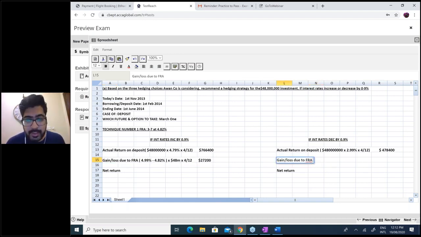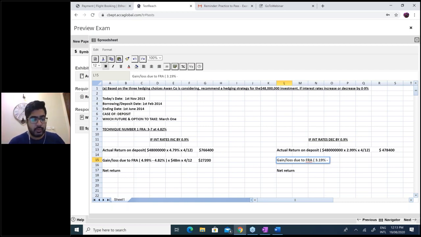If interest rates decreased by 0.9, gain or loss due to FRA, apply the format: difference in rates. If rates decrease by 0.9, 4.09 was the interbank rate, and they became 3.19.